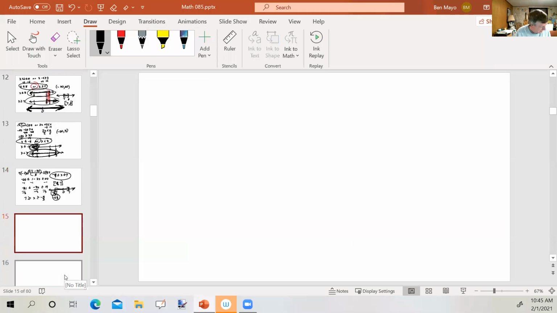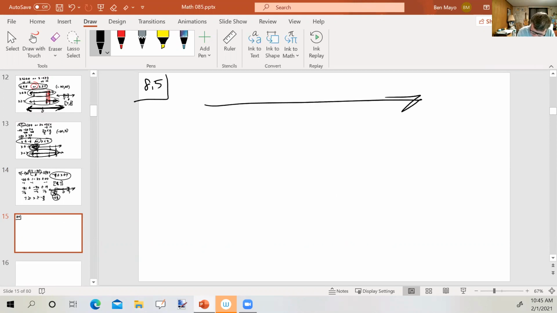Okay, so now we're going to look at section 8.5, which is solving absolute value equations. I want to do a little bit of a review of how absolute value works. The absolute value of a number is the distance from that number to 0 on a number line. So let's say I've got this number line, and here's 0, and here's 3, and here's -3. The distance from 3 to 0 on the number line is 3 units.